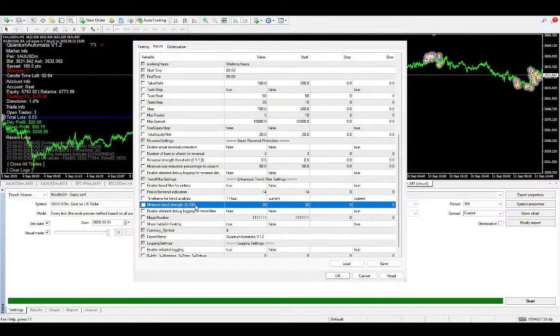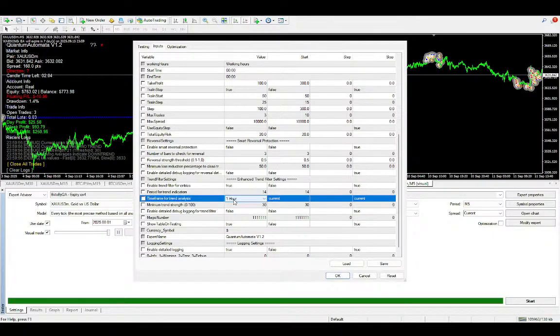So for today, usually I use 5 minutes. It means I let the bot take the trade based on the 5-minute time frame. But because there is a lot of noise in the 5-minute time frame, one of the users who started using 1 hour sent a message to support saying that since he's been using the 1 hour for the time frame analysis, it's been the best.